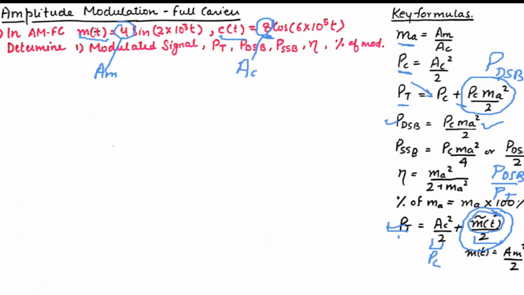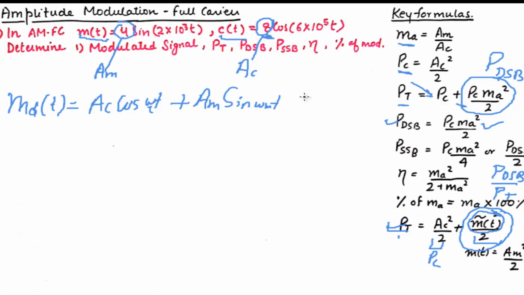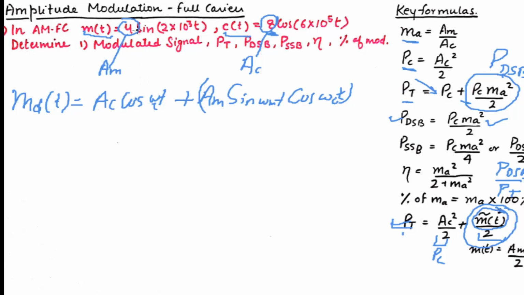So the modulated signal is always given by AC cos omega ct plus AM sin omega mt into cos of omega ct. So you could simply multiply these two things.